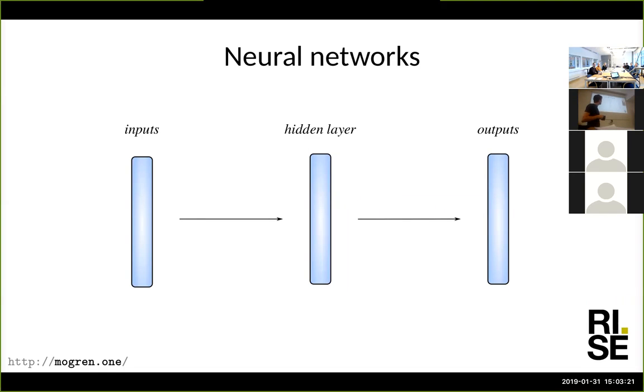We have an input layer, one or more hidden layers, and an output layer. That's a basic neural network. We do some simple computation at every layer, such as multiplying with a weight matrix, adding some bias vector, and squashing through some nonlinearity, such as sigmoid.